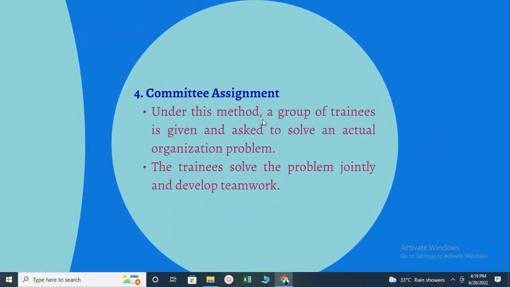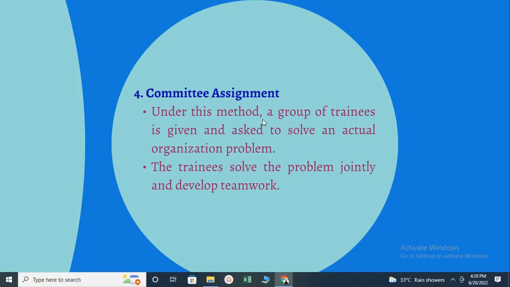So what is committee assignment? Under this method, a group of trainees is asked to solve actual organization problems. It is like a brainstorming method or teamwork, we can say. A real problem faced by the industry is assigned to a group of people.